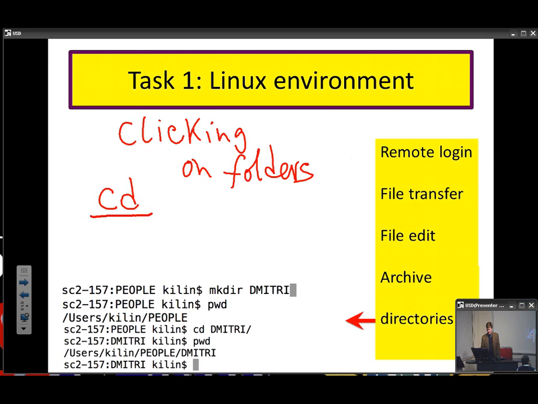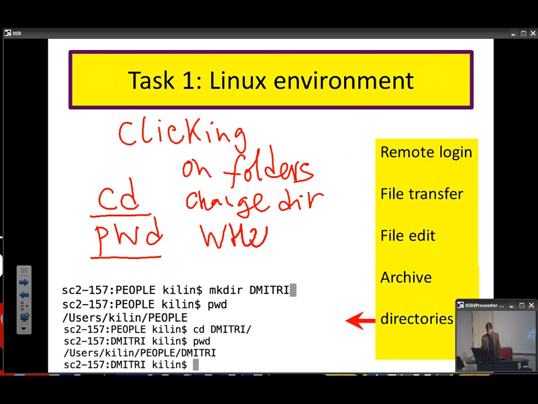So they are cd for change directory, pwd for pathway detection, to detect which directory you are at. And there is a command that you just type, mkdir.